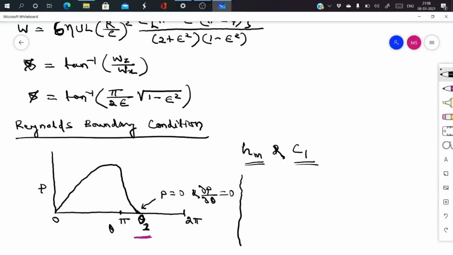What are those? As I already wrote, but I am writing it clearly. P equal to 0 at theta equal to 0, at this starting point.